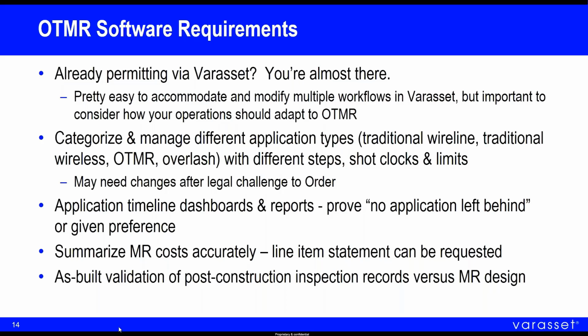What are your different sources for labor and materials and equipment and everything else that goes into that? And we do have ways to address that in Varasset, but the way you choose to implement that is really up to the individual pole owner. And then finally, the as-built validation of post-construction inspection records versus the proposed make-ready design. So nothing new there, but you just have to keep the history.